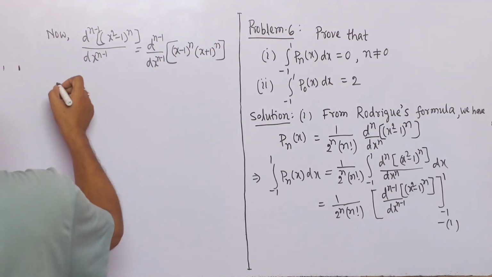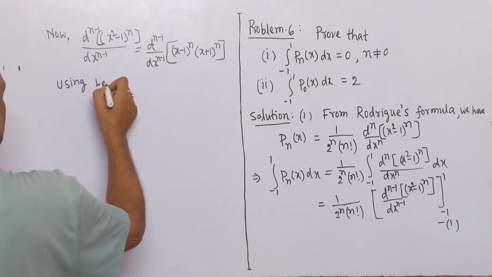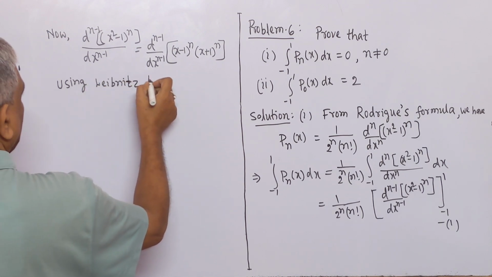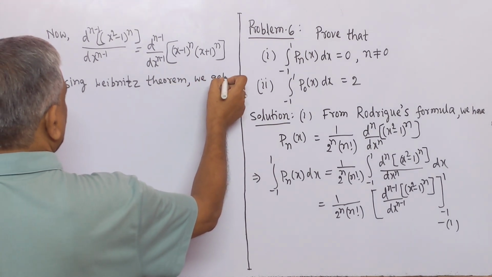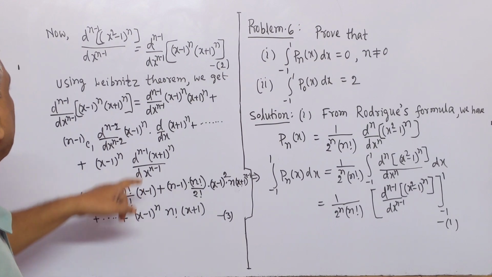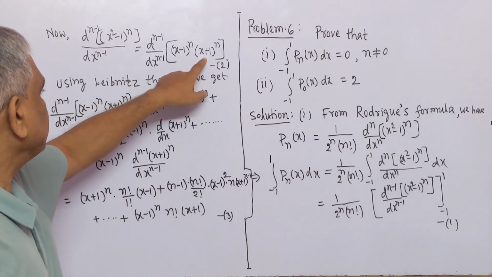Now using Leibniz theorem we get, here this is first function and this is second function.